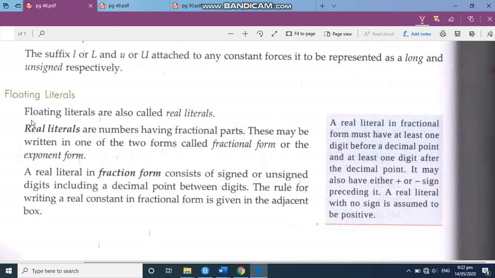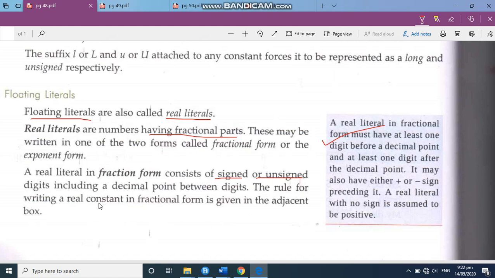Then what is the other one? Floating literals are also known as real literals. Real literals means, mark this note, the ones which have a fractional part. That means you have a decimal point and the numbers after it. A real literal in fractional form may be signed or unsigned.